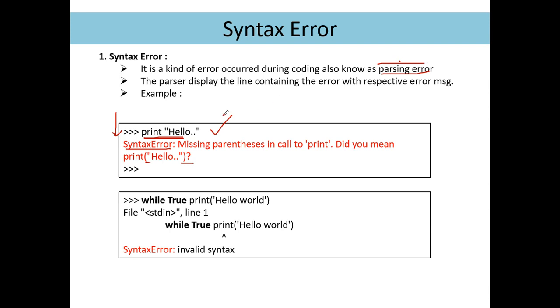Parser means a converter or translator, which translates the high level code to the respective lower level code. So the parser needs to maintain the rules and regulations, especially the syntax. If it finds any mismatch in syntax, it will raise an error like this. Here again there is a syntax error, invalid syntax.